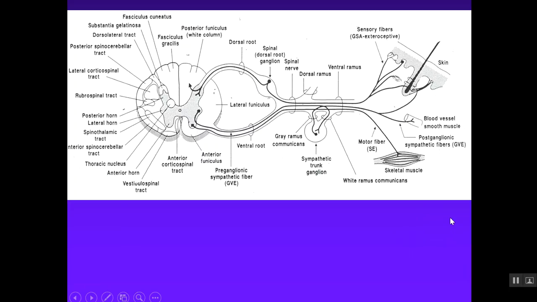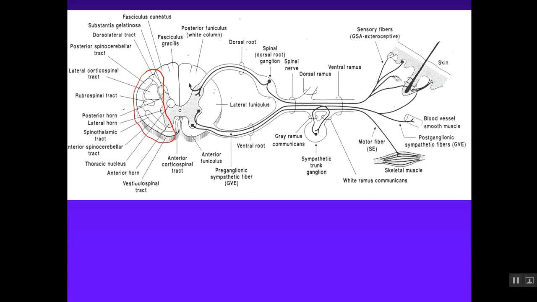Just real quick, this is just to orient you to the diagram I passed out to you. It shows the spinal cord on the one side, and it has a lot of the major pathways in the spinal cord labeled on this side, both motor and sensory, the most common major pathways.